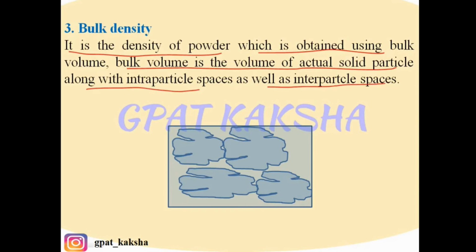This whole volume is calculated as bulk volume because it includes the volume of the actual solid particle, the cracks and intraparticle spaces, and also the gaps between two different powder particles.